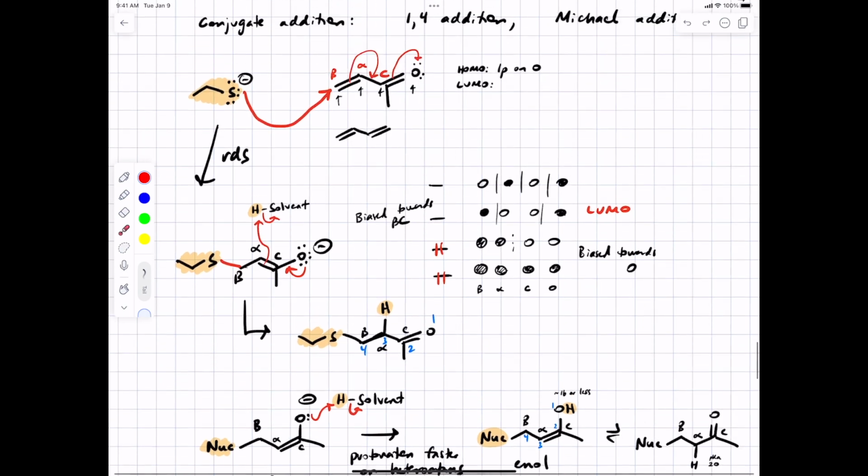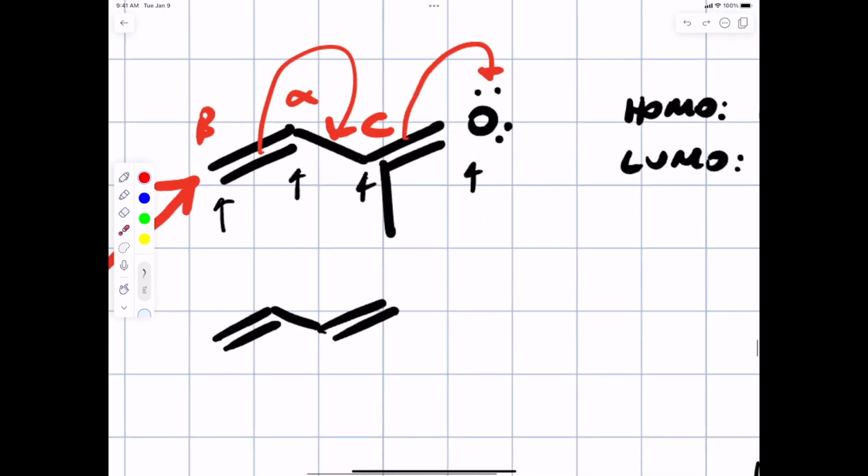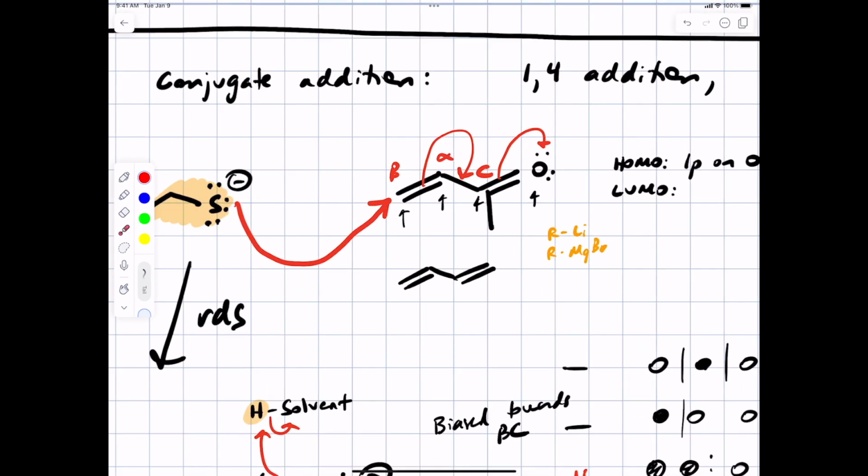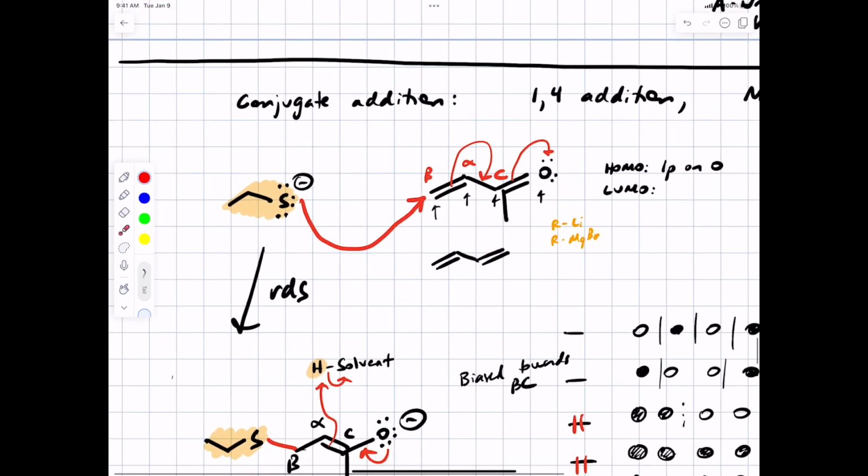The reason harder nucleophiles attack at the carbonyl carbon is because things like organolithiums and Grignard reagents have counter ions that often chelate and coordinate that oxygen, and so it makes sense they're going to be close anyway. For softer nucleophiles, electrostatics are much less of a big deal. For softer nucleophiles like thiols or cuprates, the thing that matters most is where is the LUMO, and the LUMO coefficient's mostly on the beta carbon.